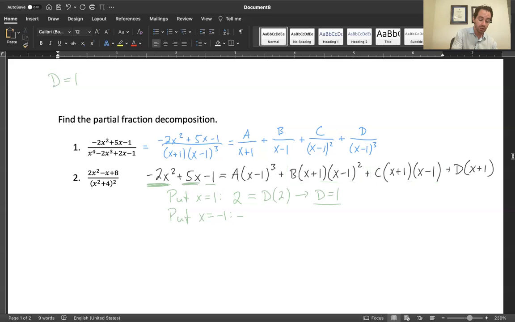Minus 1 is -8 equals a times -2 to the third power. -2 to the third is -8. Divide by -8 on both sides, and I get that a is 1. So d is 1 and a is 1.